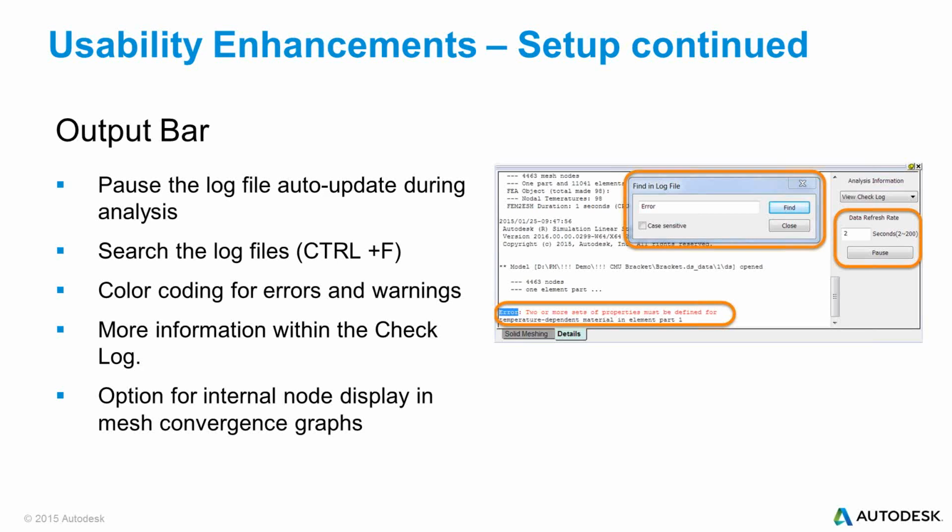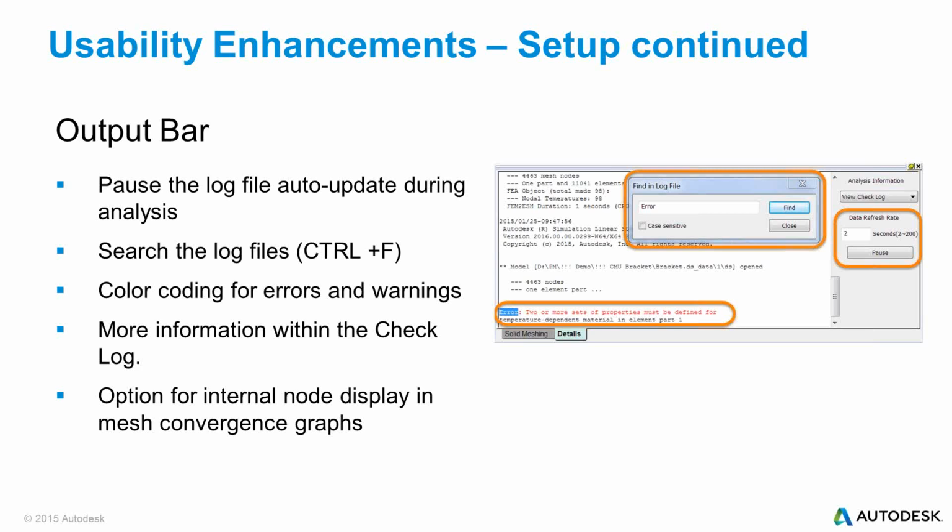Displayed log file content is now automatically scrolled to the bottom while the analysis is running, so the most recently generated information is always visible. And you can now specify a refresh rate for log files displayed while an analysis is running. You can also pause and resume the refreshing of the log file by clicking on the newly added pause buttons.